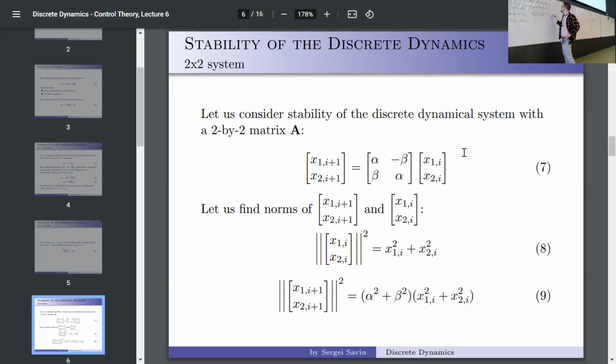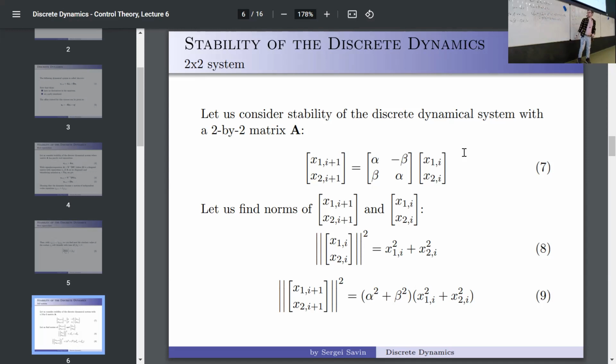It will be alpha squared x1i squared minus 2 alpha beta x1i x2i plus beta squared x2i squared, plus this squared: beta squared x1i squared plus 2 alpha beta x1i x2i plus alpha squared x2i squared.